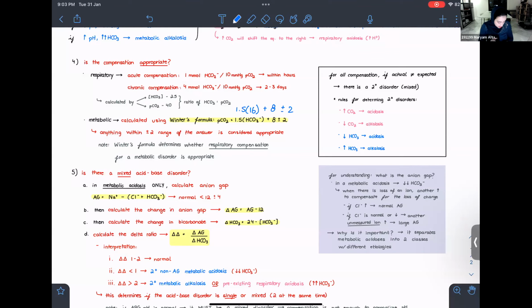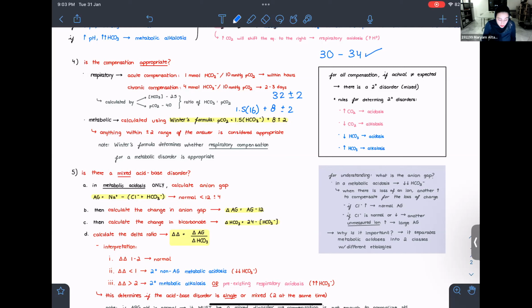Plus 8. Okay, so that's giving you 32 plus minus 2. So if we look at our labs again, and they tell us that the PCO2 is, let's say, anywhere from 30 to 34, that is normal or adequate compensation.